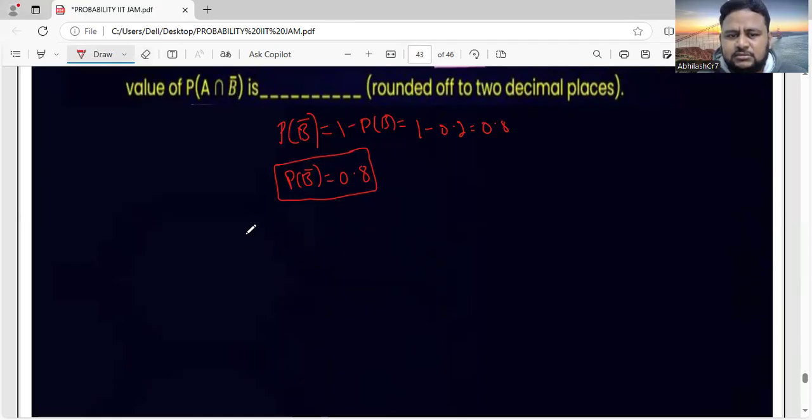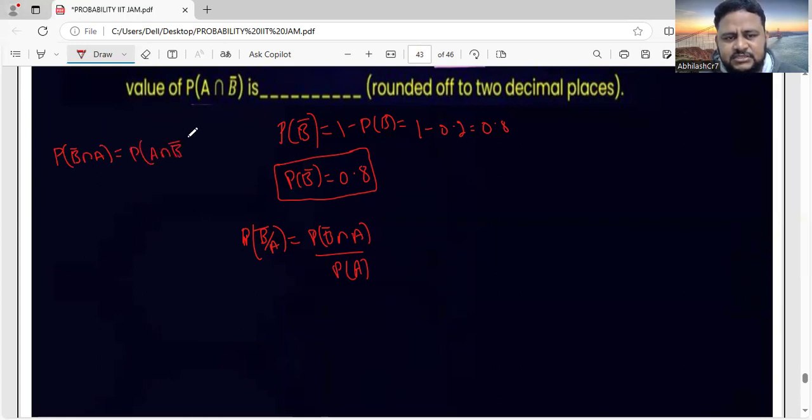Let me write it here. Probability of B dash given A is probability of B dash intersection A divided by probability of A. Now, one thing you must understand: probability of B dash intersection A is nothing but the same as probability of A intersection B dash. This I have told you in the first class.